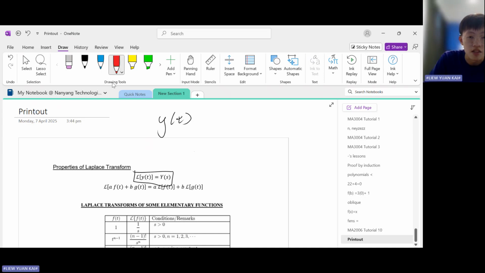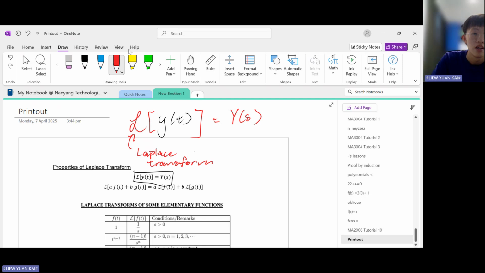So y is a function of t. If I take the Laplace transform of y, how you denote Laplace transform is this, the curly L. So this refers to Laplace transform. Now I'm taking the Laplace transform of y, and what will I get? I will get big Y of s. This is our notation. Time-dependent functions are lowercase.